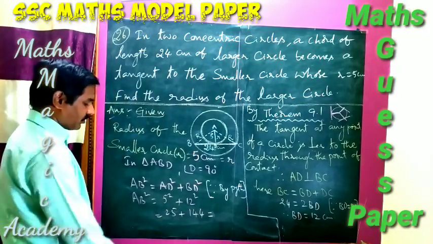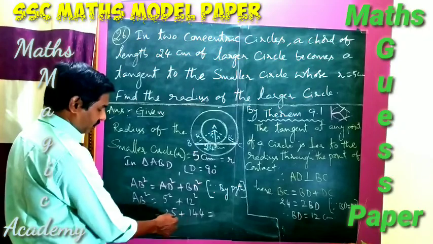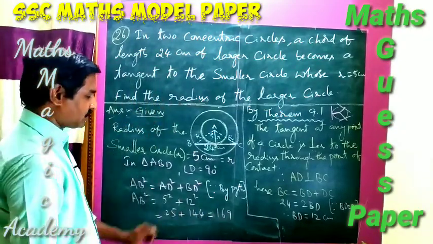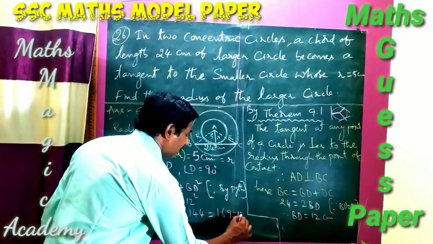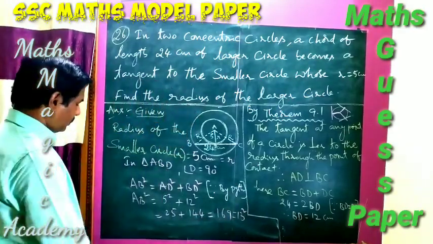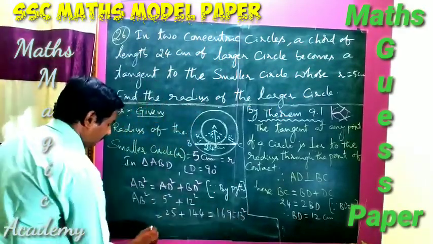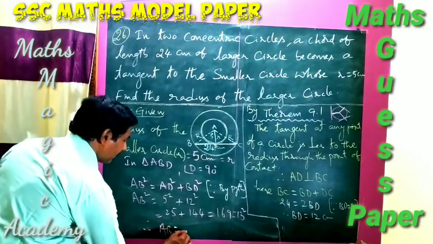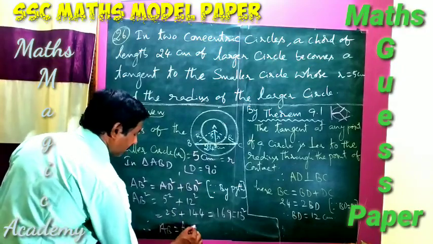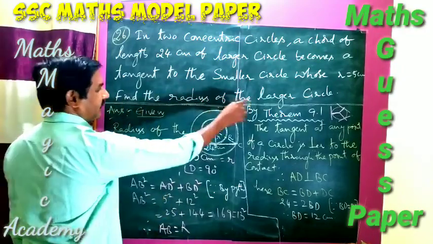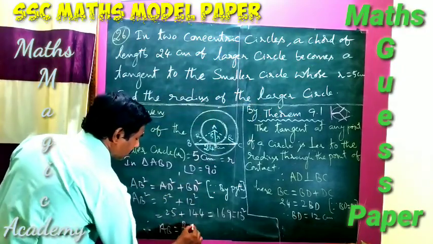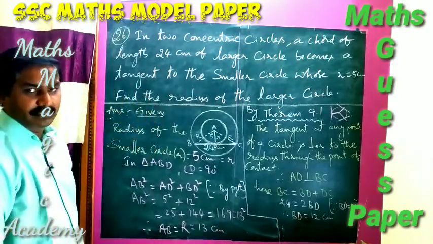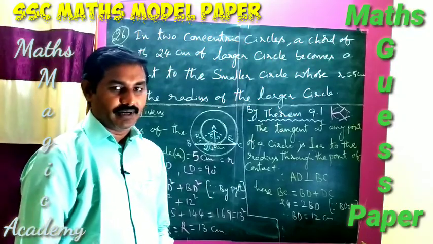Put together, 144 plus 25 is 169, and 169 is nothing but 13 square. So AB square equals 13 square. Therefore AB, which is capital R, the radius of the larger circle, equals 13 centimeters. Like this we can find.